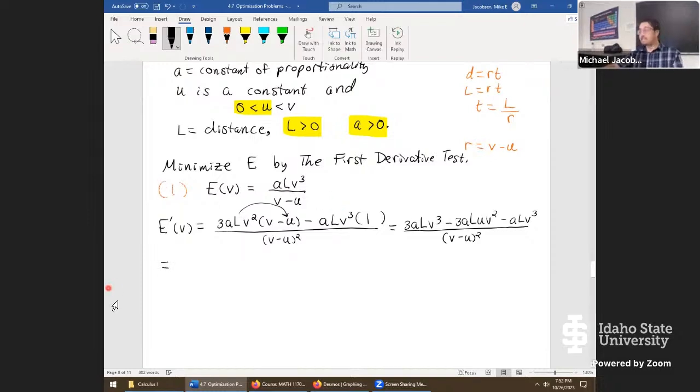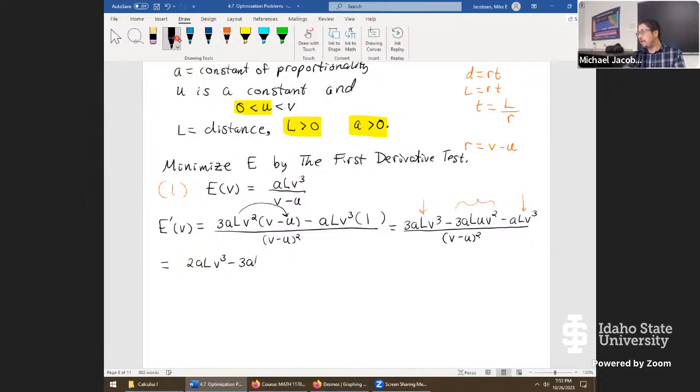And now let's keep on going with this thing. I have an ALV cubed, 3 ALV cubed. So we have 2 ALV cubed after combining those like terms. Let me just double check. I've combined this one with this one. So 2 ALV cubed, yeah, those are like terms. We just need to record that value.